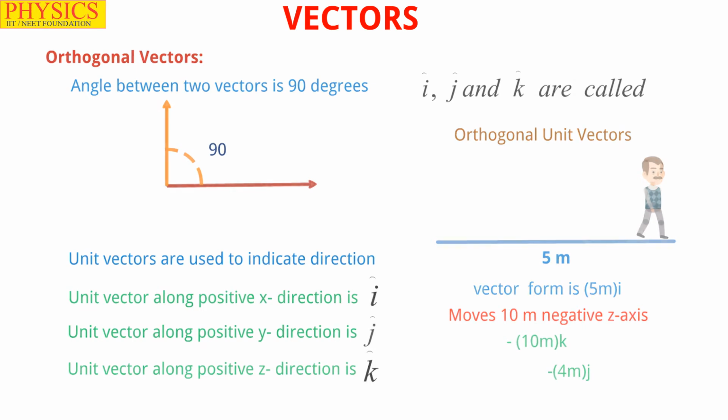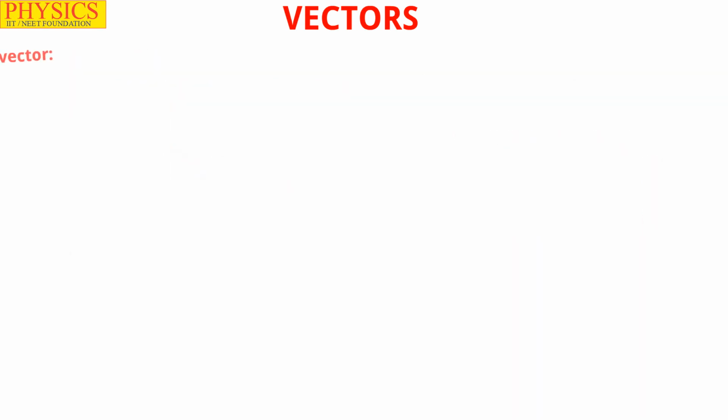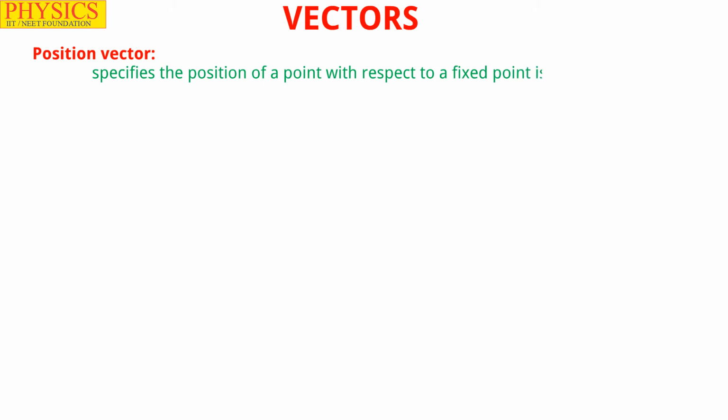Next, let us learn about position vector. What is that? Listen carefully. The vector which specifies the position of a point with respect to a fixed point is called position vector. Let me explain this in a simple manner.